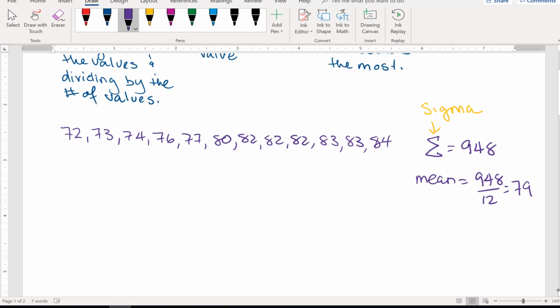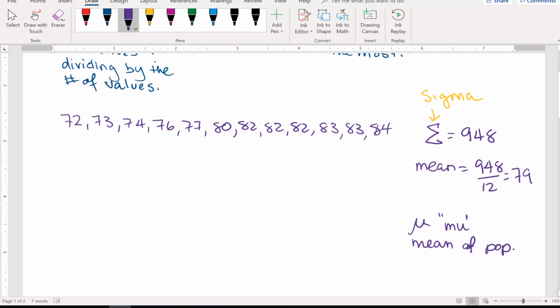Now, when you're looking at the mean of an entire population, you use a Greek letter. This is called mu. And this means the mean of an entire population. That's not quite what we have here.